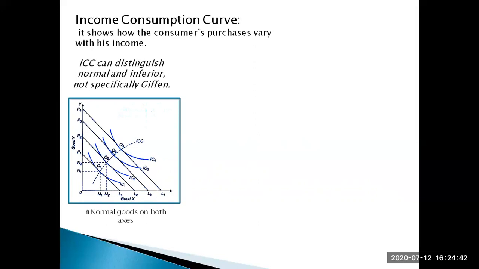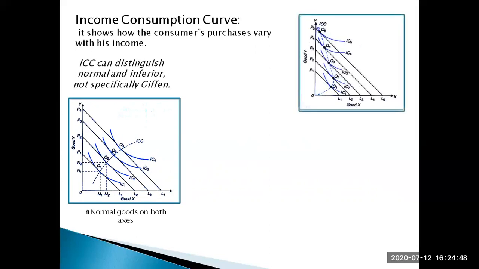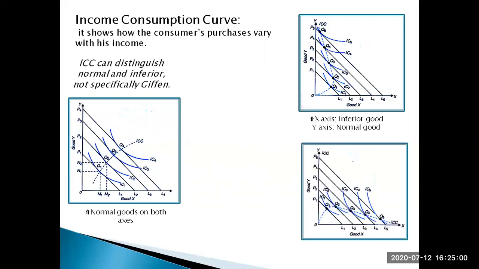So as you can see in this diagram, normal goods have been plotted on both axes, and the income consumption curve is positively sloped. So as the income of the individual increases, the individual keeps on increasing the consumption of both goods. On the other hand, we have 2 diagrams where on the top diagram, we have inferior good on the x-axis or the horizontal axis, and on the y-axis, we have normal good.